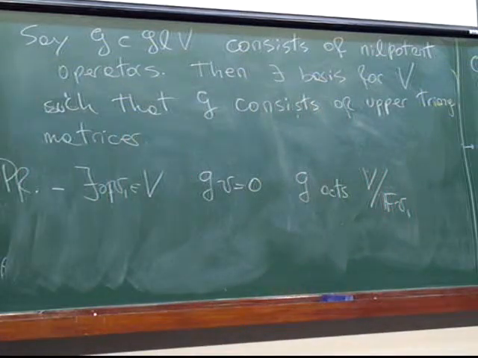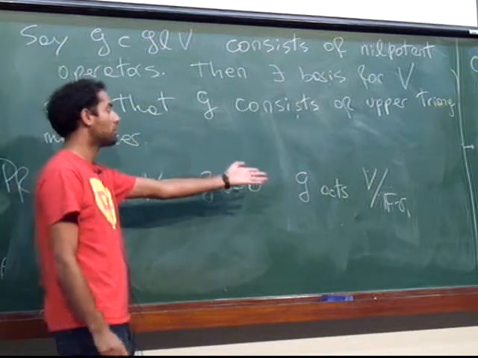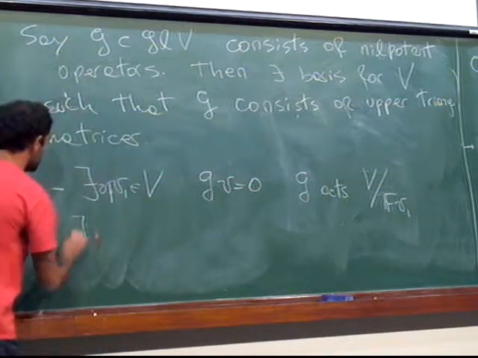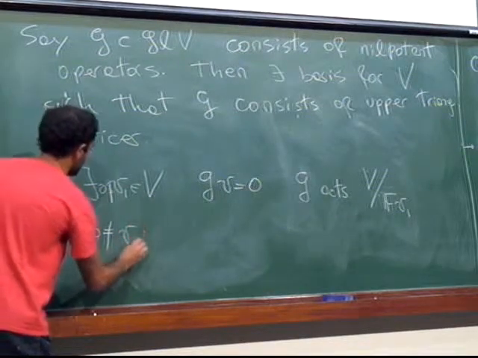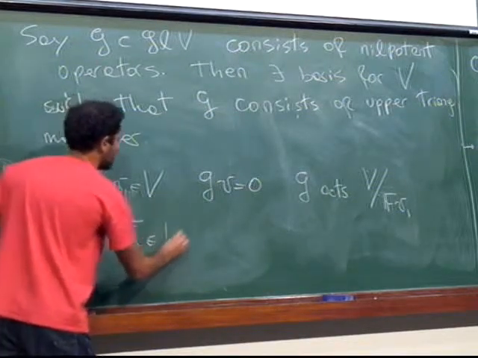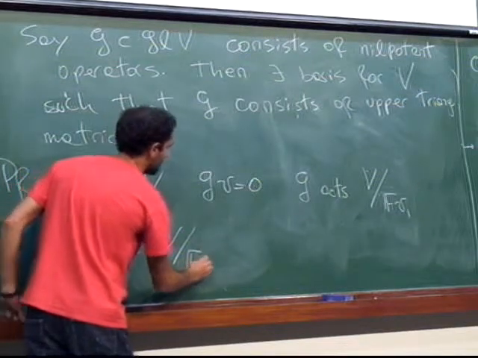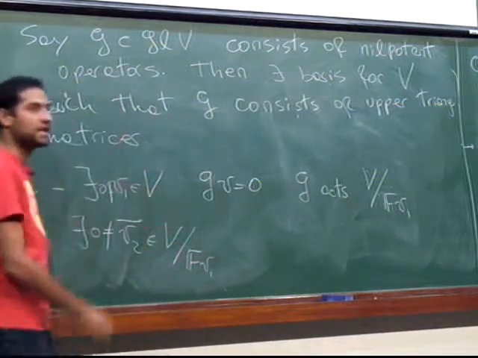But now you have G acting again by nilpotent operators, so pick V2 in V mod F V1 such that G kills it there.